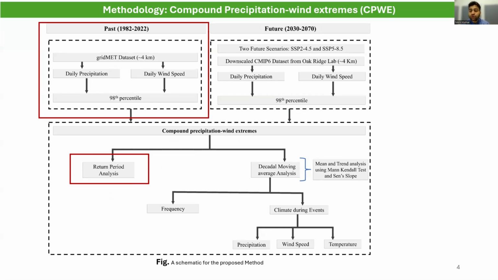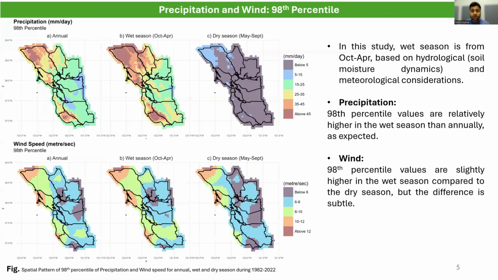Let's delve into the results of a crucial piece of our methodology, the 98th percentiles and the return period analysis. There is a very important point worth noting: we have taken into consideration the wet season from October till April.